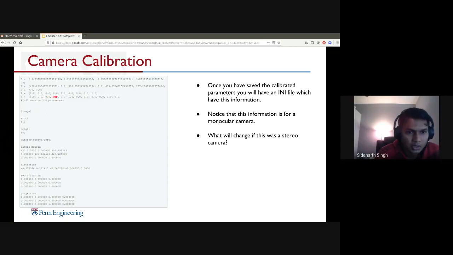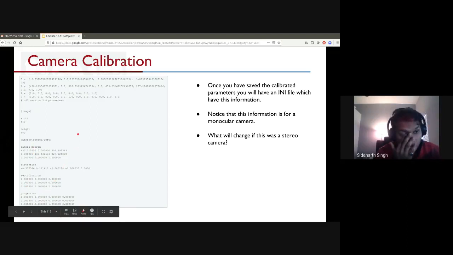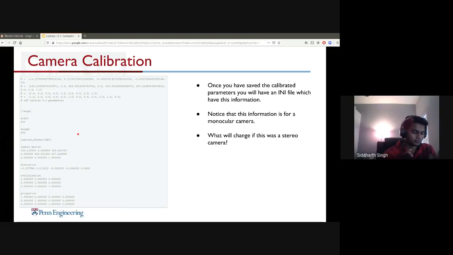P, I think, is used when you have a stereo camera. So you need the projection between 1 and 2, right? So that's why it's an identity matrix here.